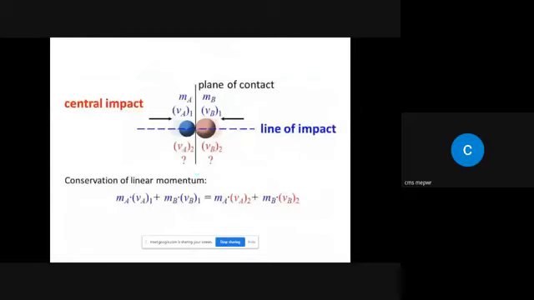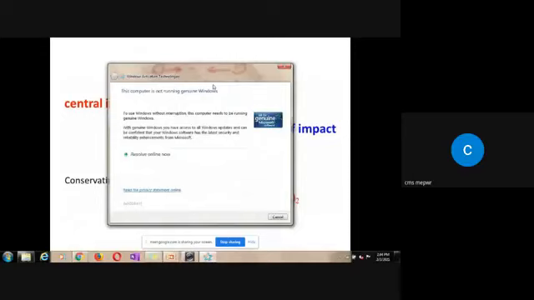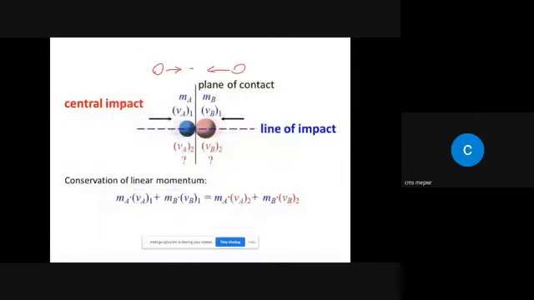Initially we had two particles coming together with a certain momentum. When they come in contact, the question arises: what will be the velocity of both particles or bodies after the impact?